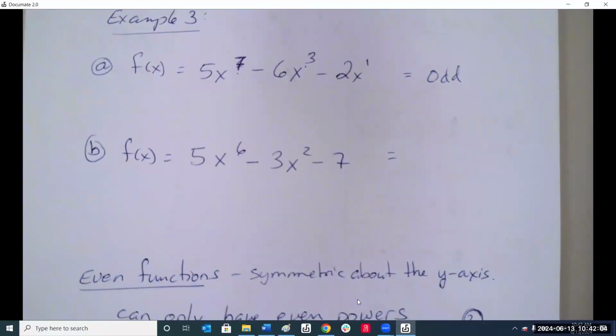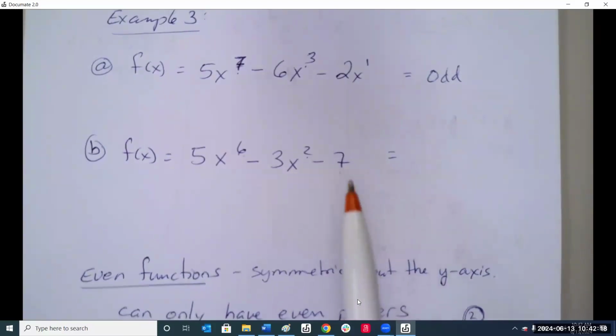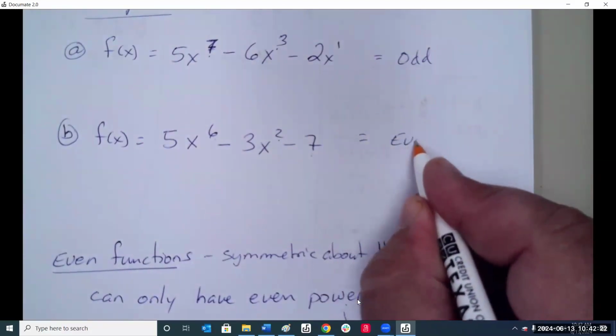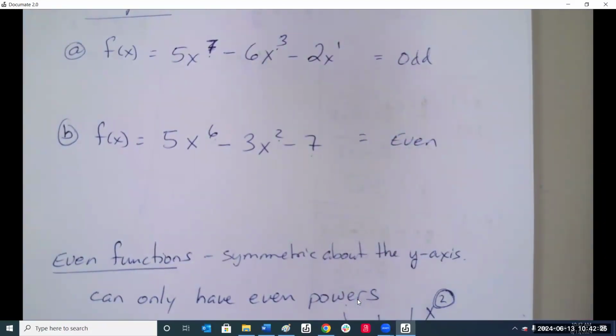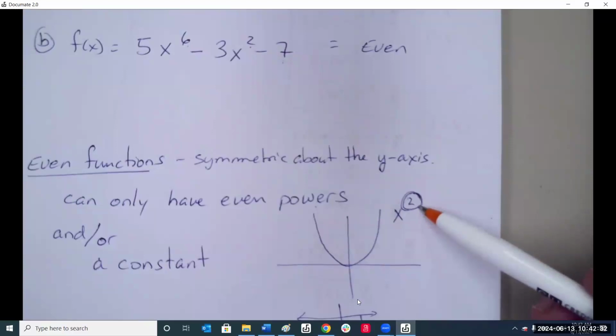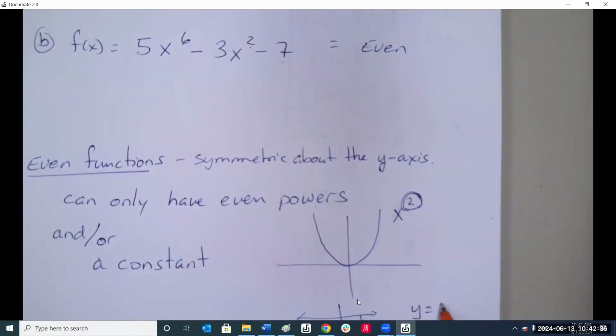How about the second one? Odd, even, or neither? It has even exponents and a constant. This is even. If it's an even exponent, or if it's a constant number, this is y equals some number, k.